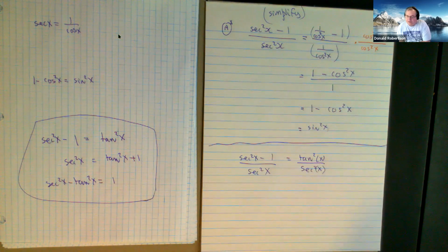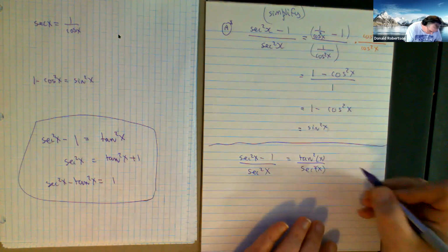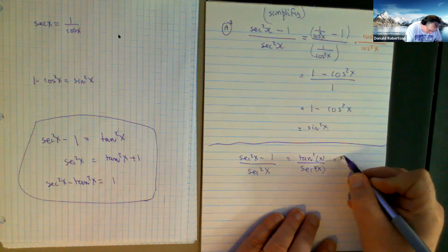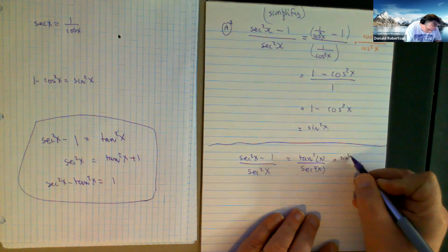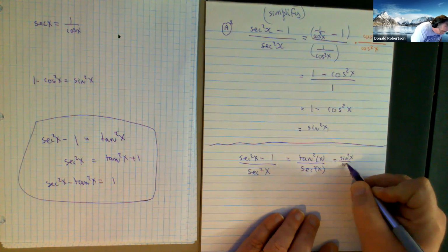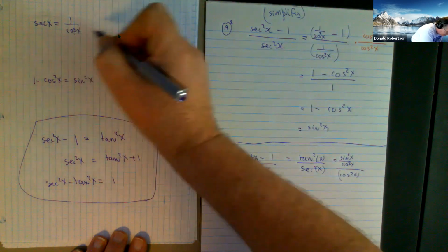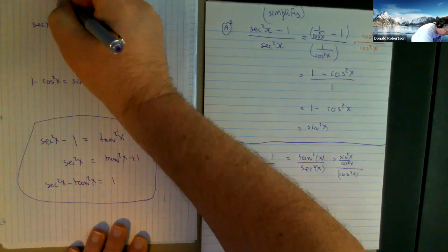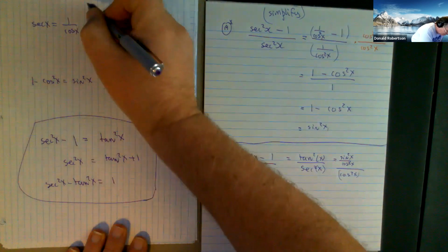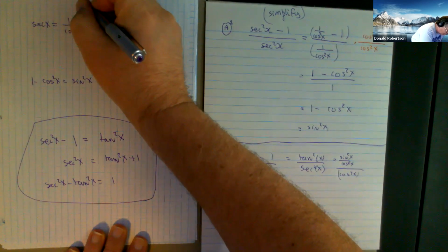So far, so good. Now, if you do tan squared, isn't it sine squared over cos squared all over cos squared x? So where shall I put that one? I'll put this one here. That tan x is sine x over cos x.